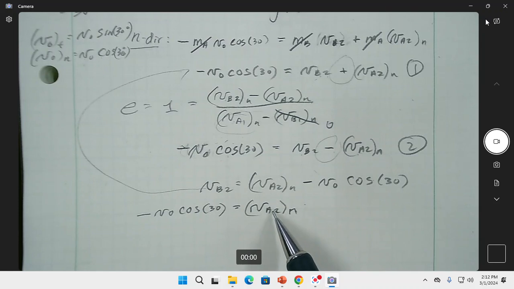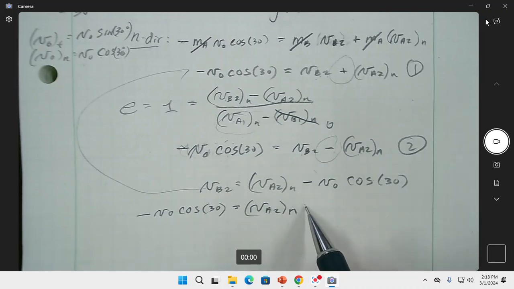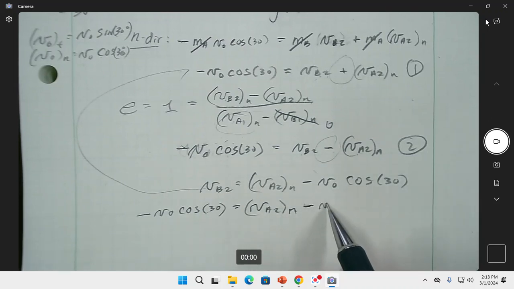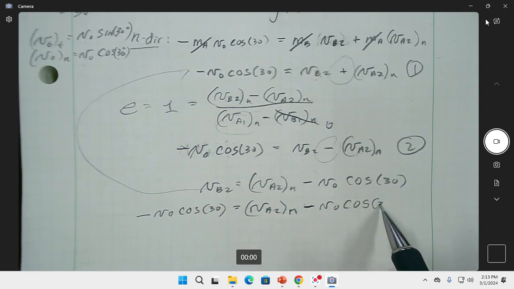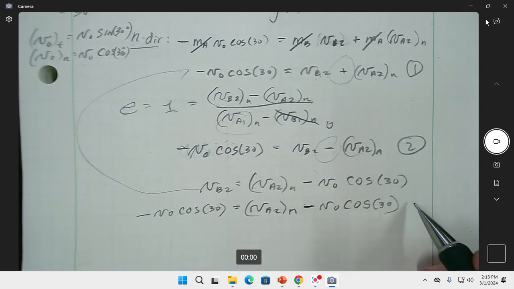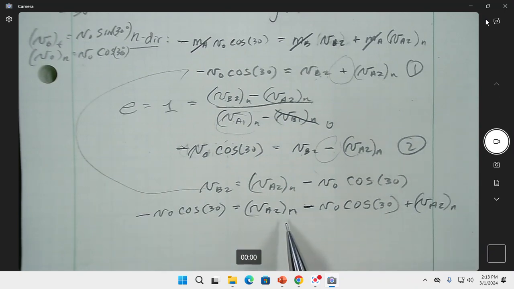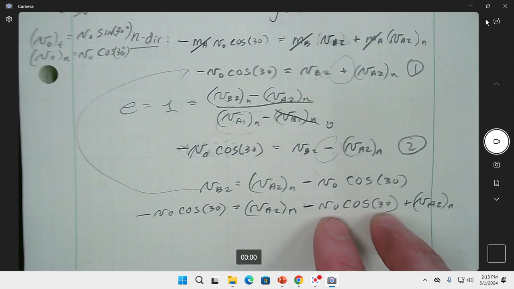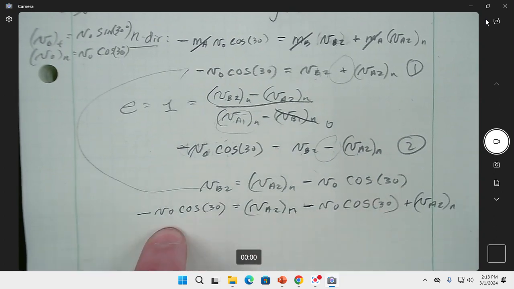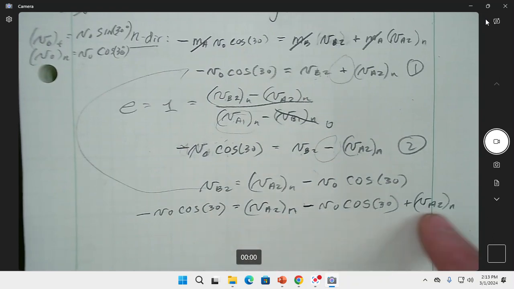I'm going to keep going with it, but I don't like it. Algebra. I really don't want these two things to cancel out, and they're looking like they're going to cancel out, right? Because I'm going to bring this positive over onto that side, and now it's going to say V A2 is 0.